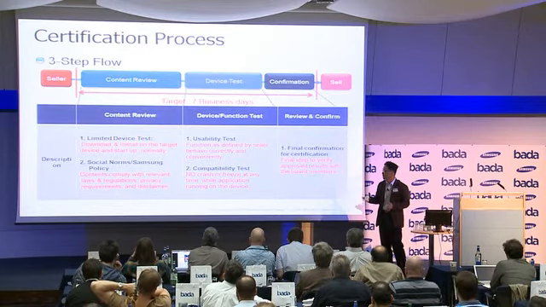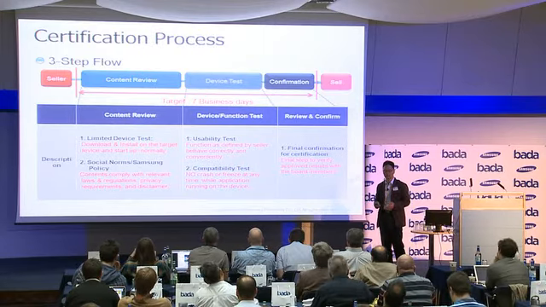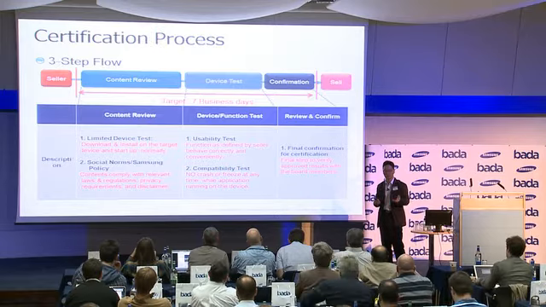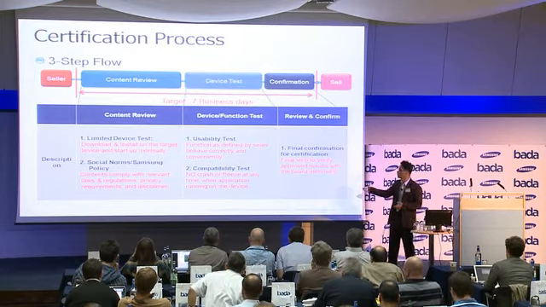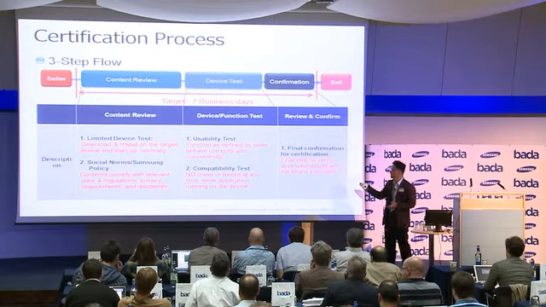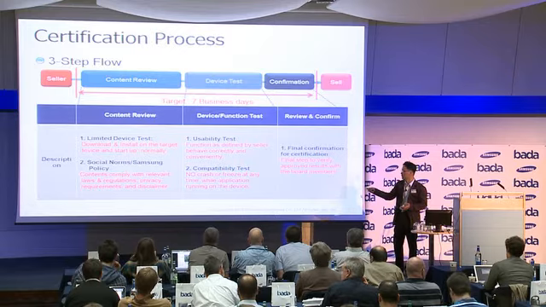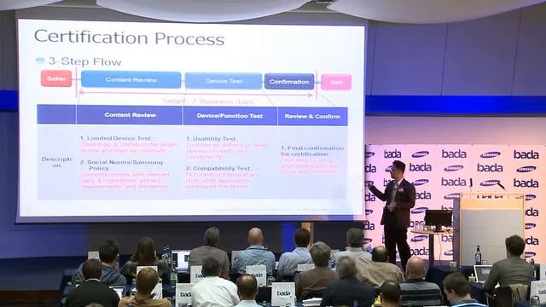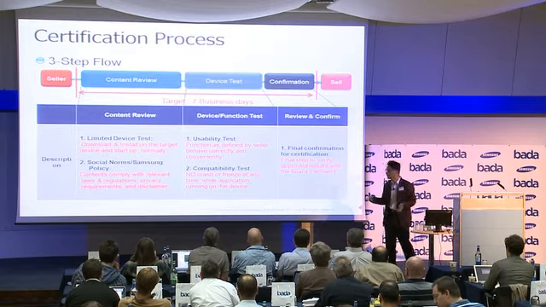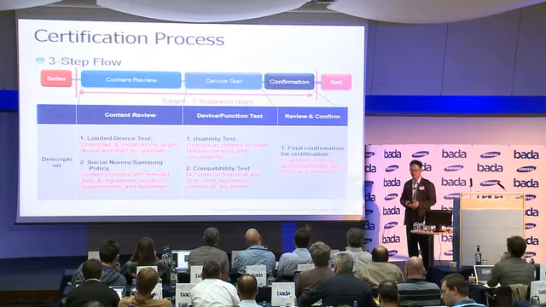If the content review fails, we return the result directly to developers. If it passes, we move to the next phase, the device test. In the device test, we work on the usability test and compatibility test. In the end, board members together decide to accept or reject the application.